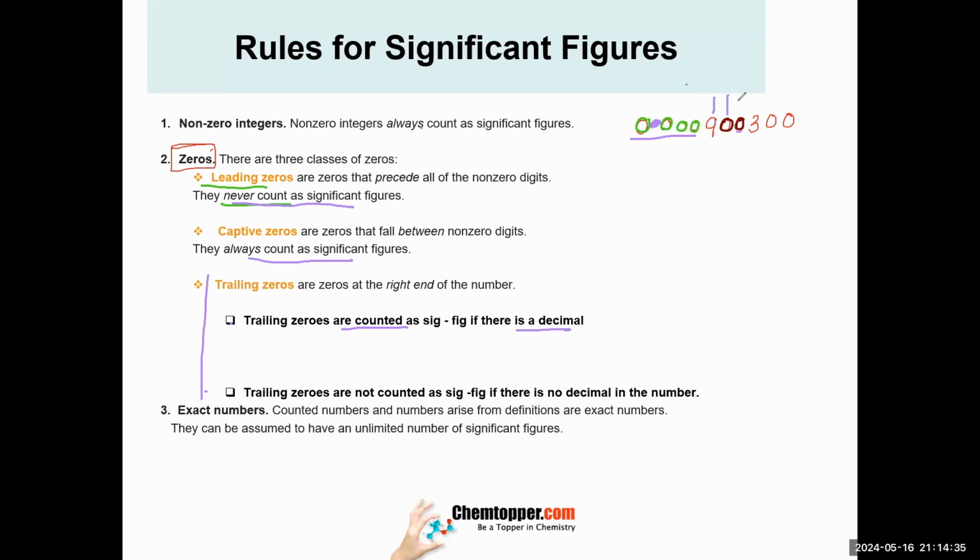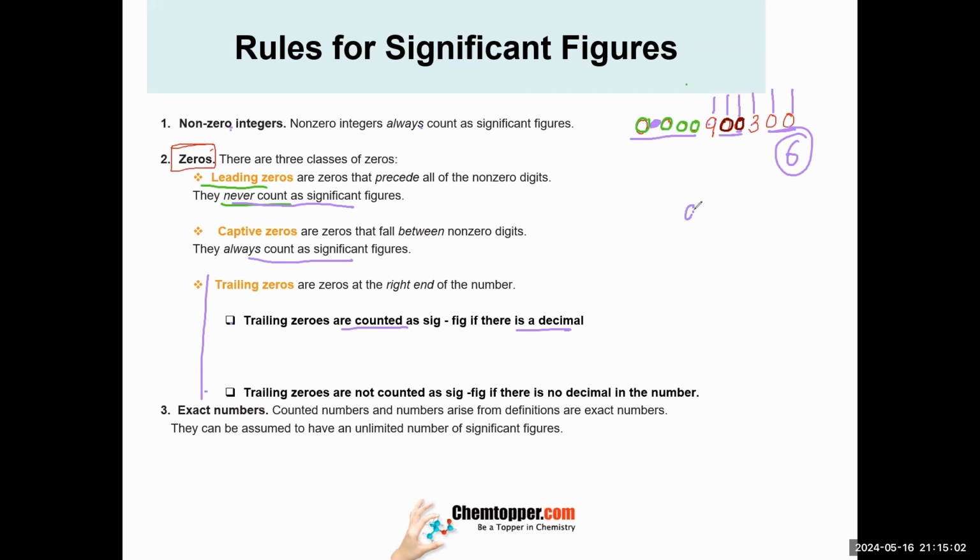So 1, 2, 3, 4, 5, 6. 6 significant figures. Captive zeros always counted. Trailing zeros counted because there is a decimal. Non-zeros, rule number 1, counted. So there are 6 significant figures.